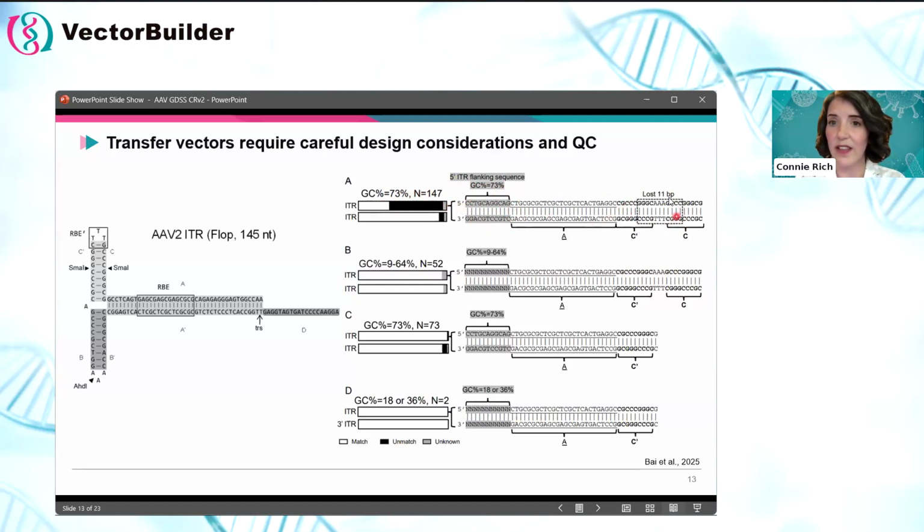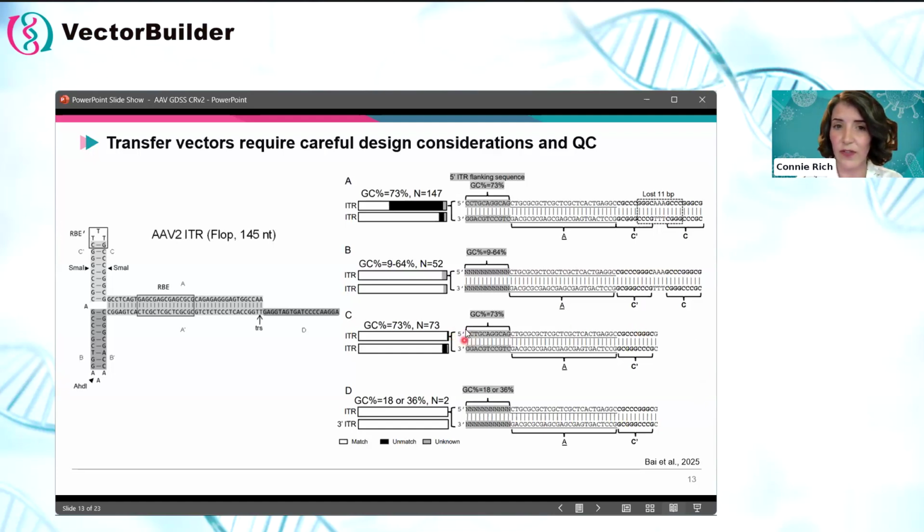And often it's this 11 base pair region right here that gets lost. So what happens here is we have this ITR that's got all of the necessary components, your A segment, your C and C prime arms right here, and it gets shortened into this decreased size ITR, this deleted ITR or recombinant ITR.